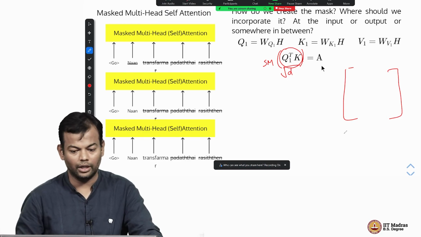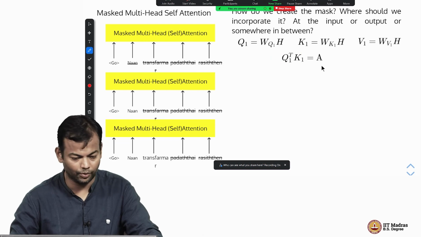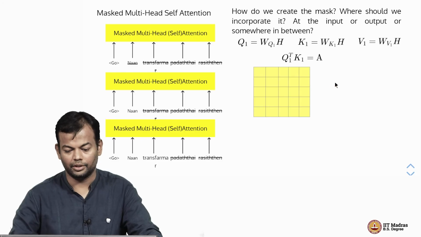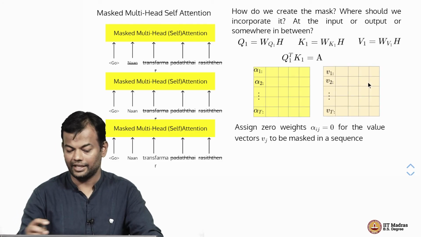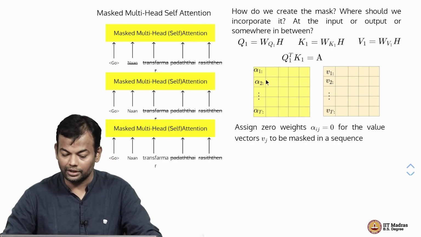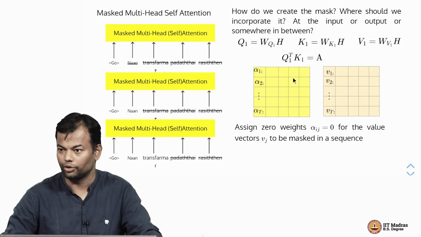Yes. So now what people have proposed is this. These are the alphas that you have. Now we want them to be 0 whenever we are not allowed to pay attention.